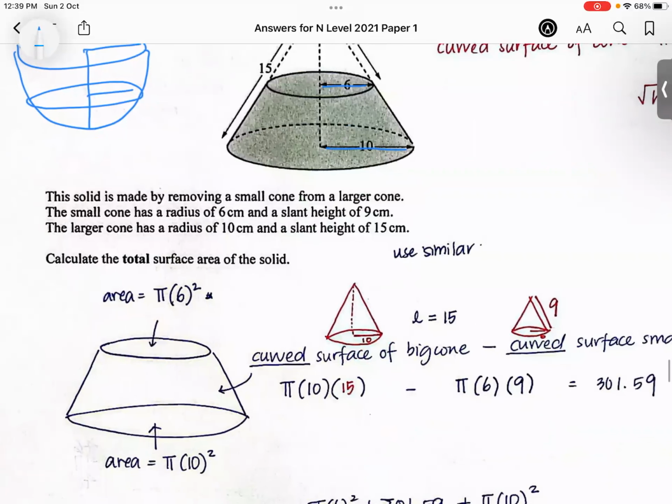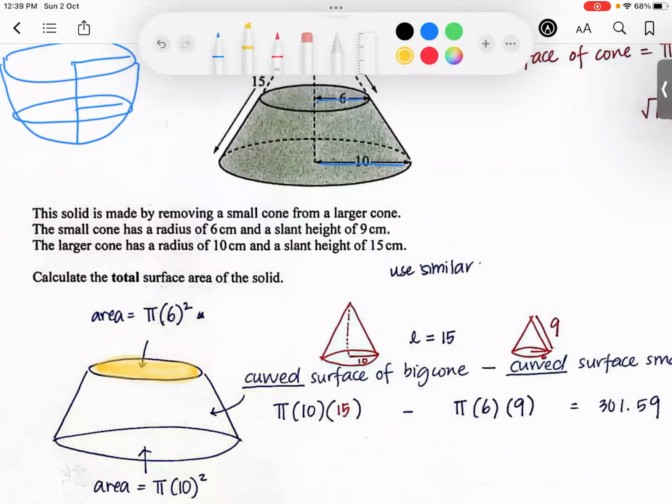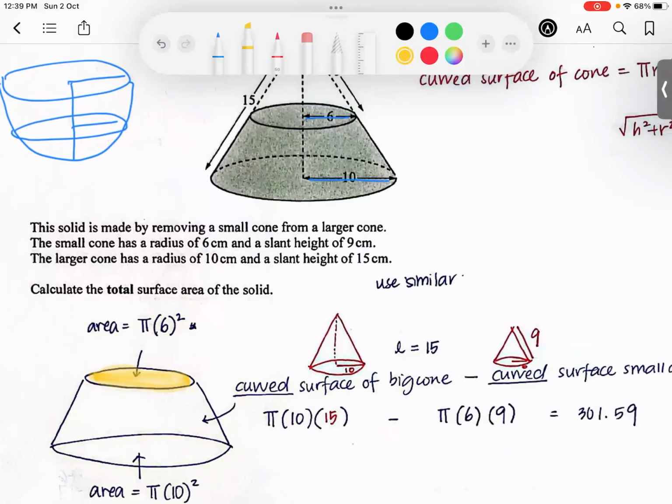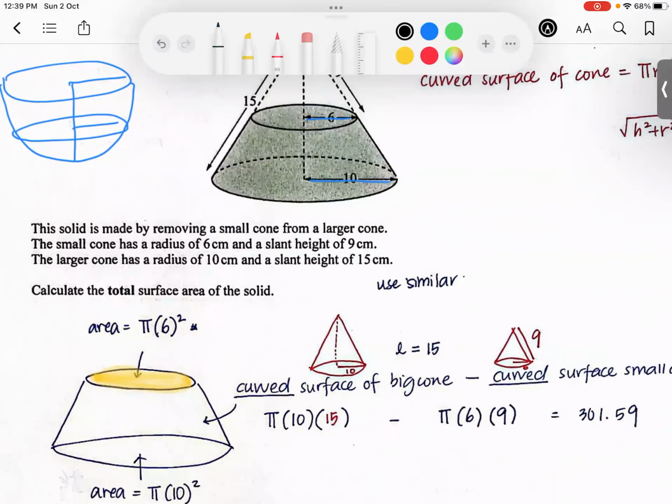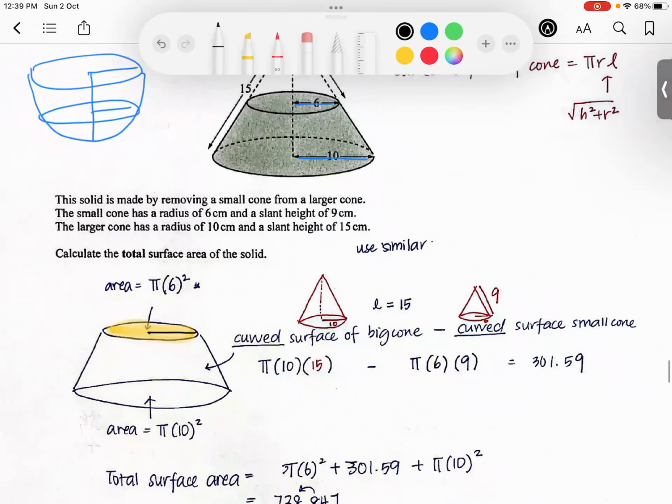Okay, so this area over here, the one on top, this is actually a circle. So you have area of circle, pi r squared. This radius over here is 6, as given in the diagram. Secondly, you have the base area over here, okay? So base area, this one is a pi r squared as well. Base radius is 10.